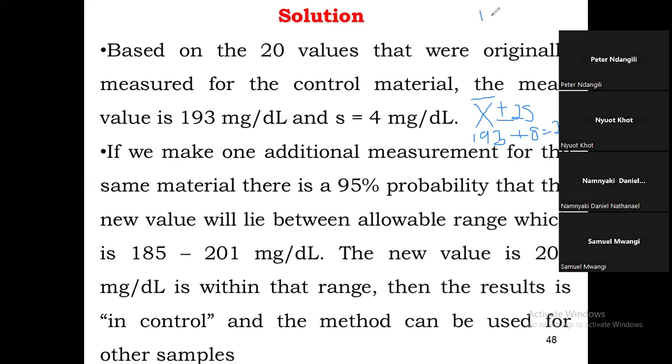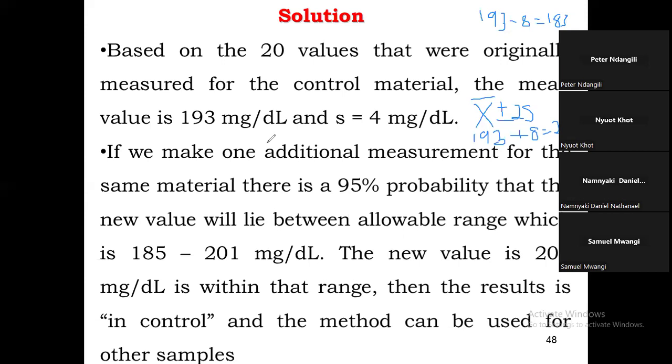It is 193 minus 8. And this is going to give you what? 185. So according to that, it means that any values between 185 and 201 are acceptable.